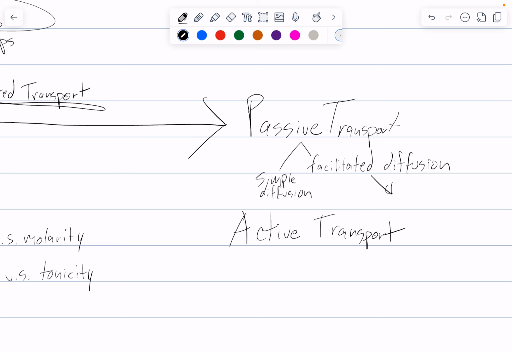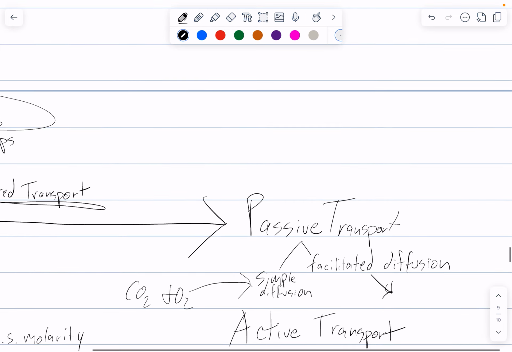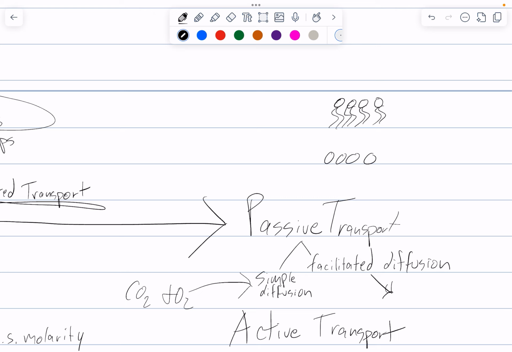So the facilitated diffusion just needs a little help. So these are bigger things that are trying to go through the membrane. Simple diffusion is like CO2 and O2. It just goes right through the membrane very easily. So in the membrane, you have hydrophilic heads and hydrophobic tails.